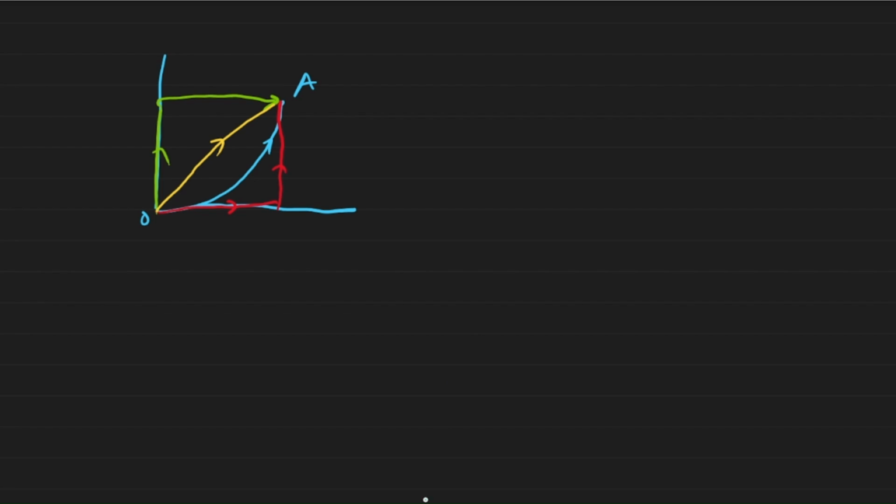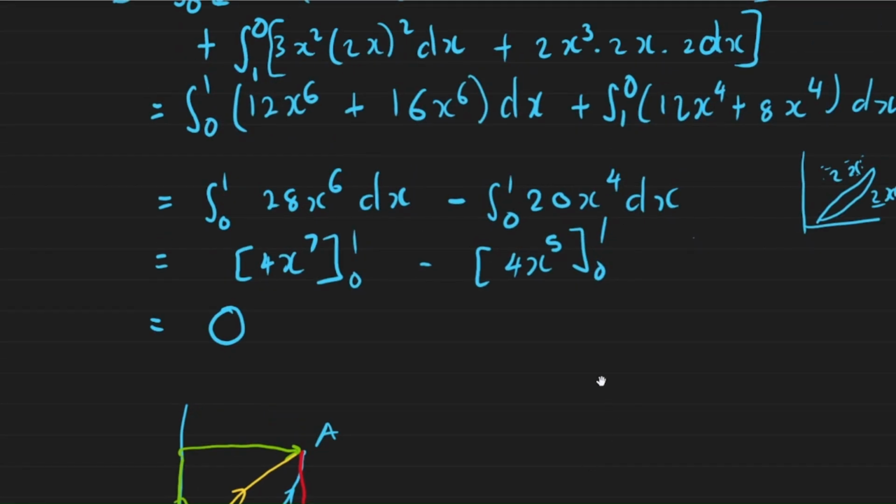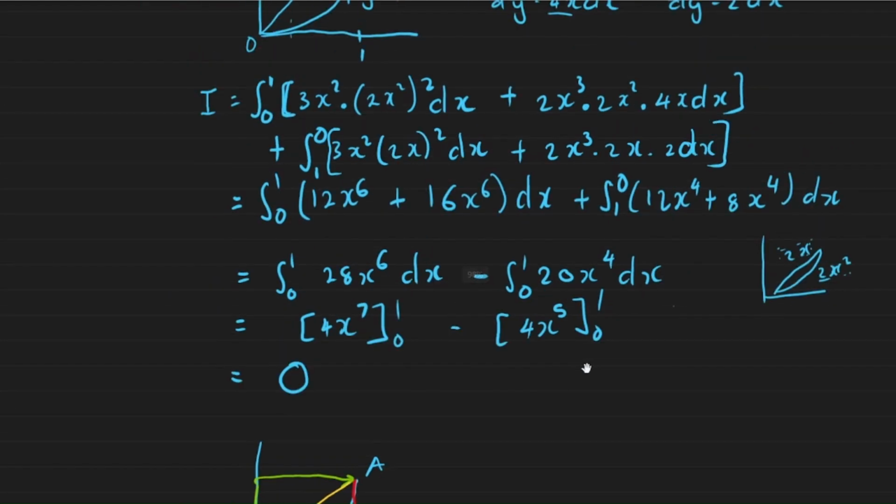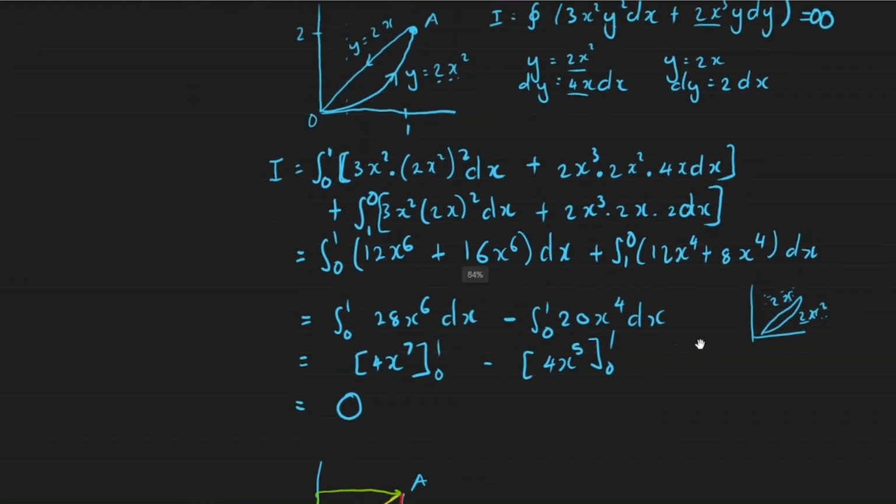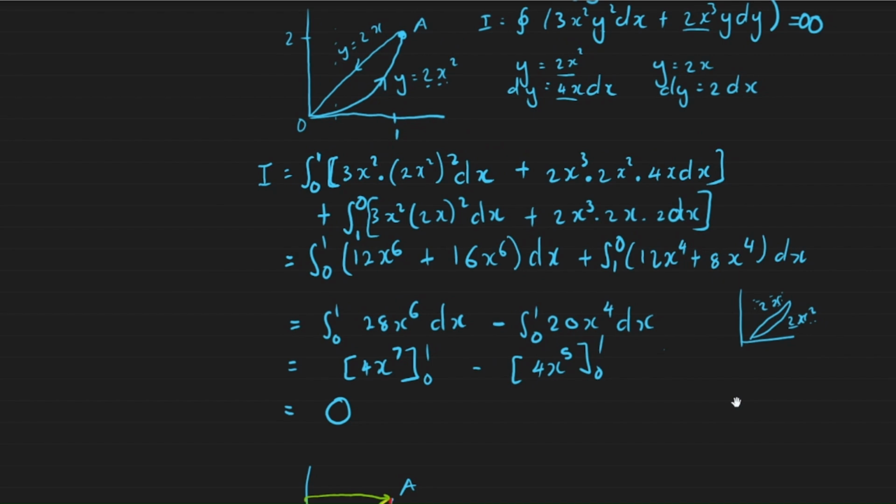I think it'll become evident what I mean if we just look at this example that we have just done. So let's just say we looked at it in reverse. So instead of integrating from O to A and then back along this other curve, the top curve that is, let's just say we integrated from O to A, and then we also integrated from O to A as two separate line integrals.